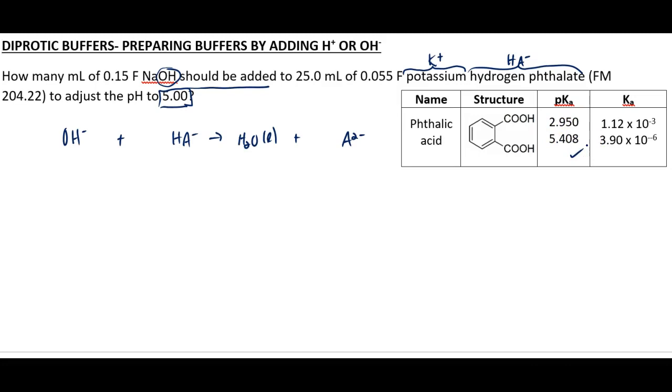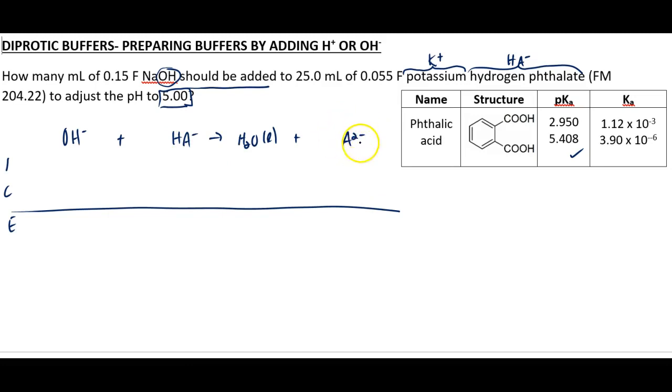That means that the final buffer must contain HA- and A-2, so I'm glad that both of these species appear in our neutralization reaction. So let's go ahead with an ICE table, and remember how I said that OH reacts with HA- to make the missing A-2.